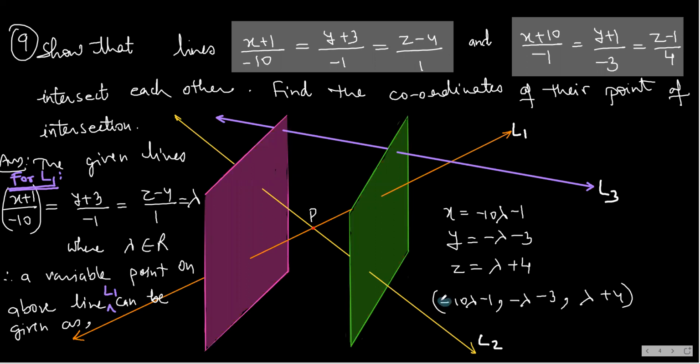Here, this is the x coordinate, y coordinate, and z coordinate of a variable point on L1. What are these three?